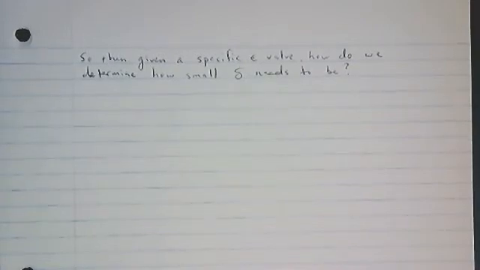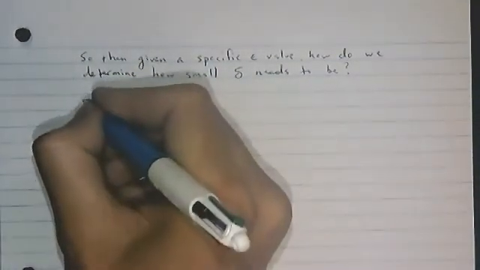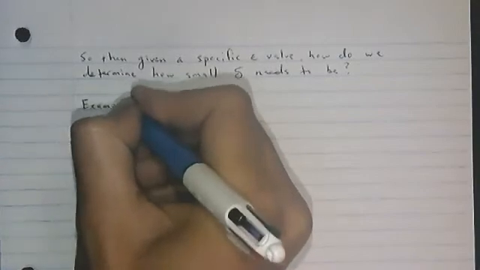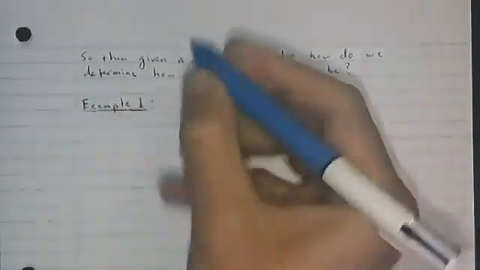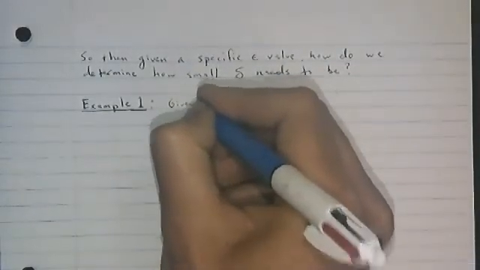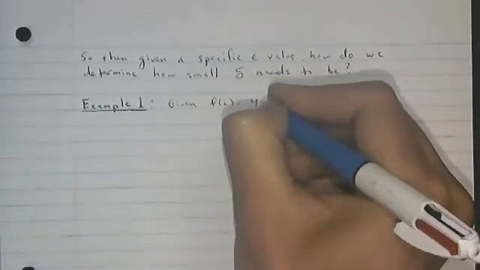So example 1. We're going to look at how that can work. We're given f equal to 4x minus 5.